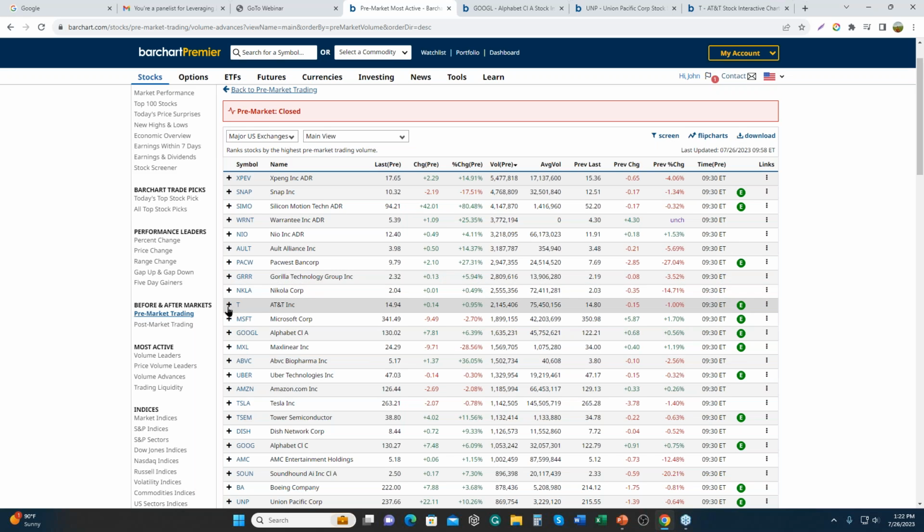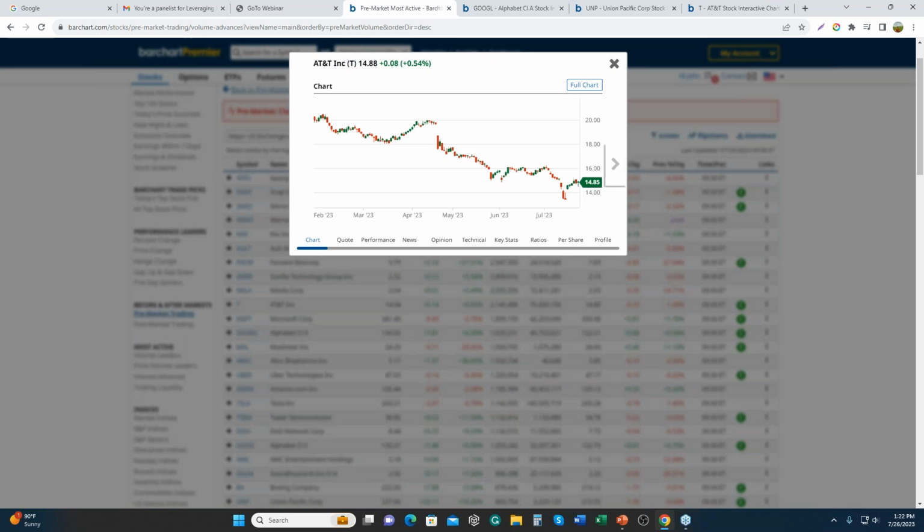So this is where we're going to start adding some other elements to our decision-making process. First of all, if you're not familiar with this, under the plus sign here you can open this up and it will take you to a quick chart, and you can see what the price action is doing. Without even doing a bar chart opinion analysis, you can see that this stock has been in a downtrend. So what are we seeing here?